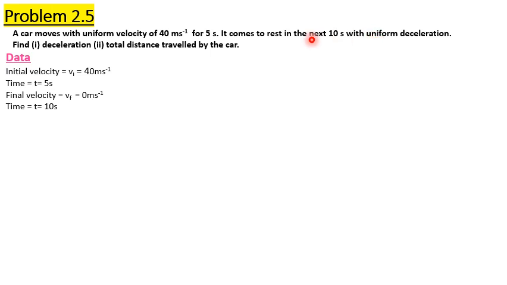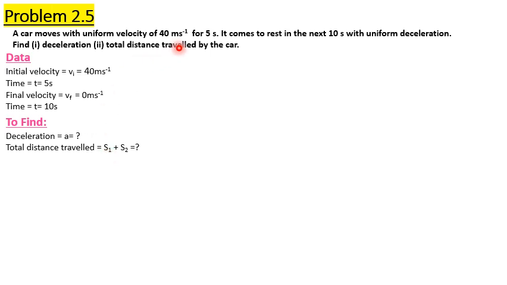When the body has decelerated and comes to rest, it means its final velocity becomes 0 meter per second, and the time in which the velocity has gone from 40 meter per second to 0 meter per second is 10 seconds. Here we have to find out deceleration and the total distance.